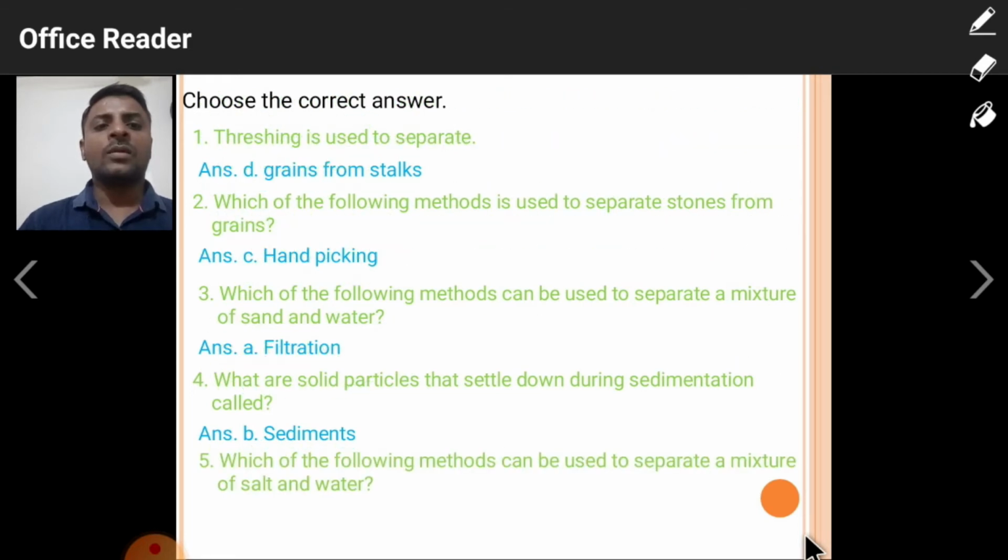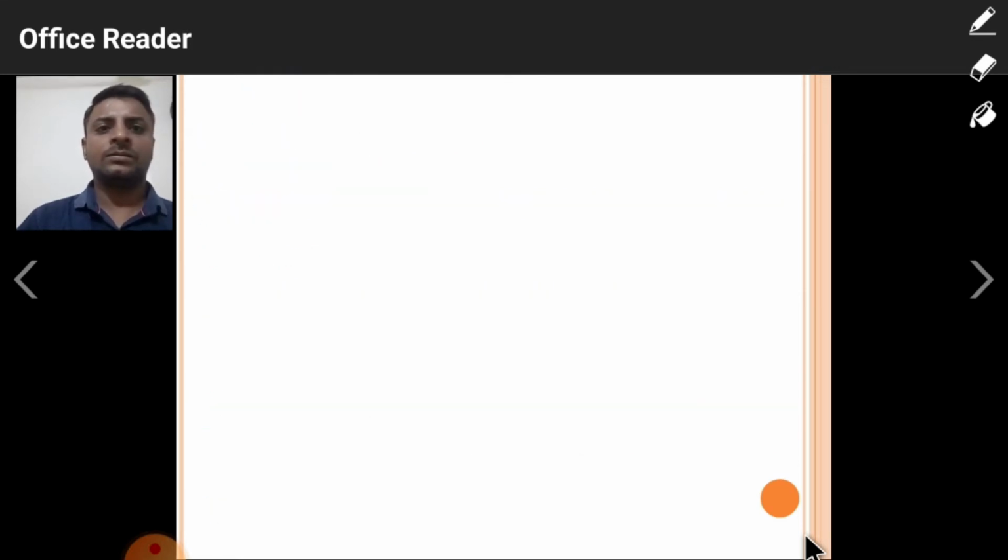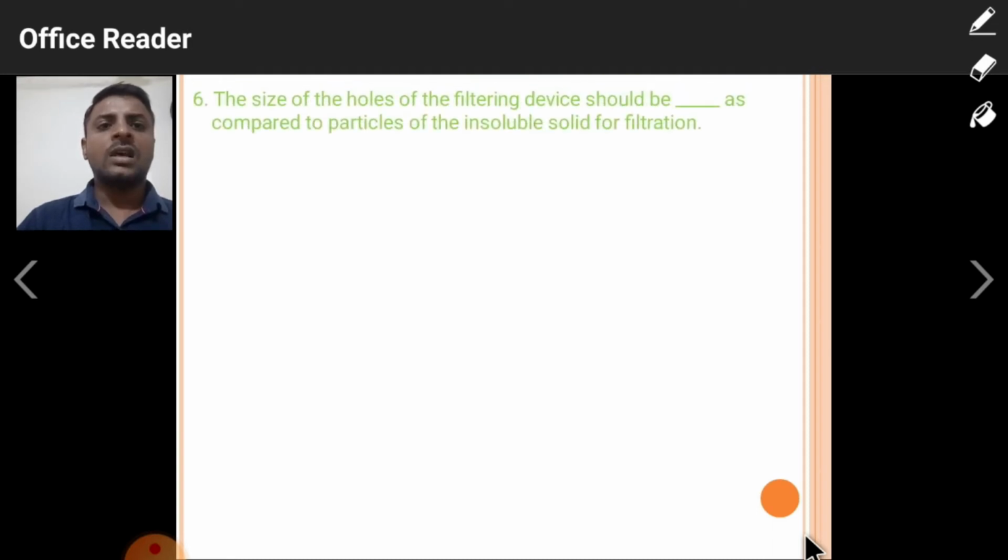Which of the following methods can be used to separate a mixture of salt and water? This process is called evaporation. The size of the holes of the filtering device should be dash as compared to particles of the insoluble solid for filtration.